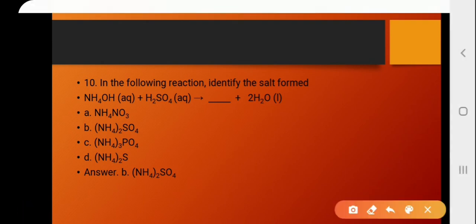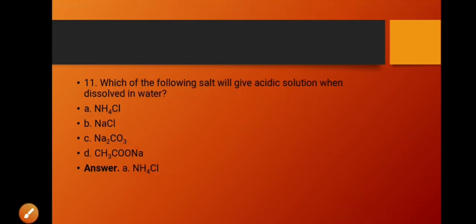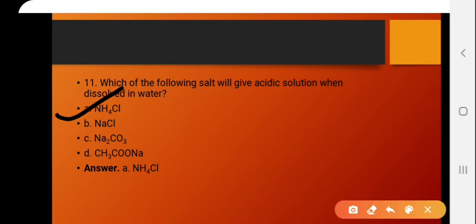So the answer is B. Next is: which of the following salts will give an acidic solution when dissolved in water? The answer is NH4Cl, that is A.